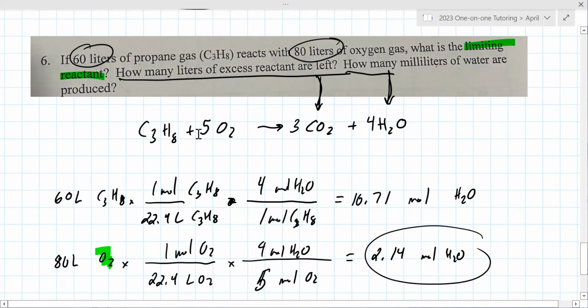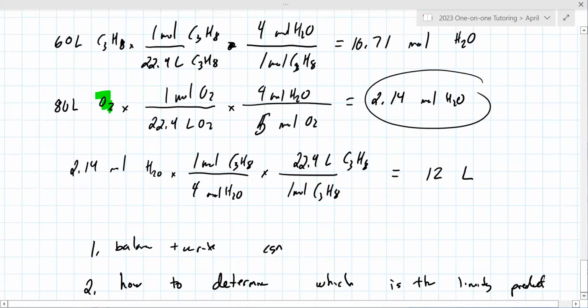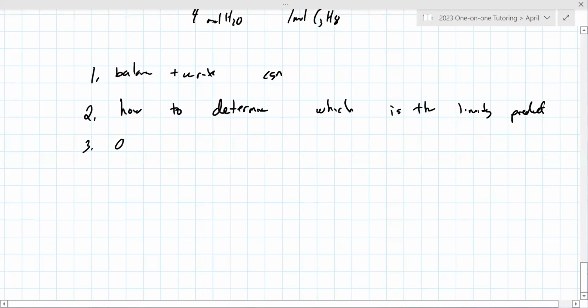I thought you could just go to either of them, but apparently in this calculation, it does matter. You use the two given amounts to go to one or the other. So I think that's what you want to determine. But once you determine that, you always go back and figure out how much you actually needed. And it's always less than what you have. And then you can do the calculations from there.